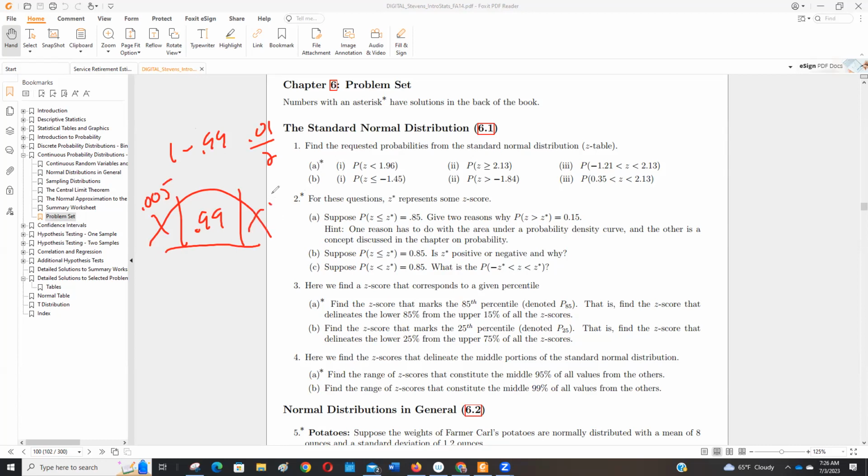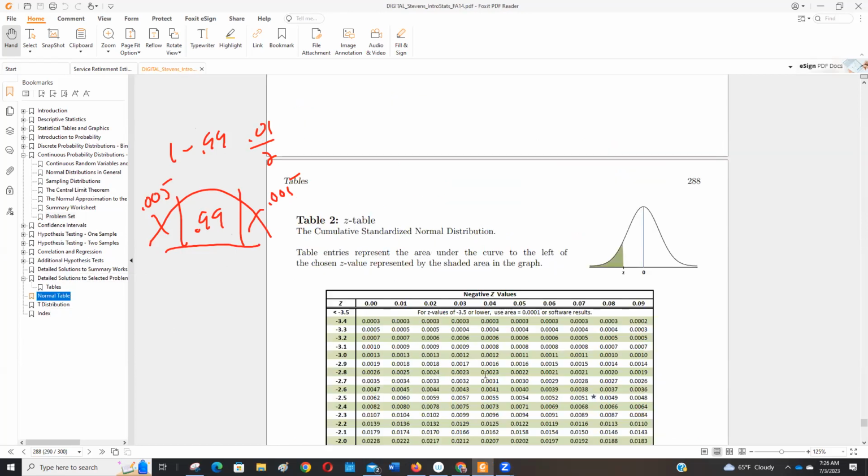And that's going to be 0.005 tail area. So now we'll go to our z-score table and see how close we can get. Sometimes you have to go in between. Right here. See how it's in between? See that star? That means it's exactly halfway between.